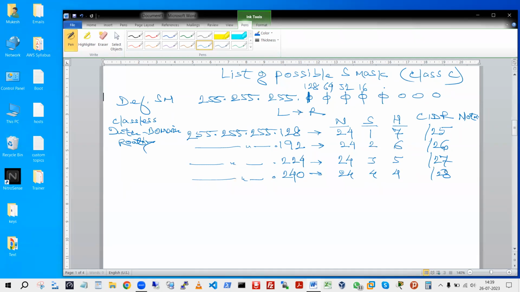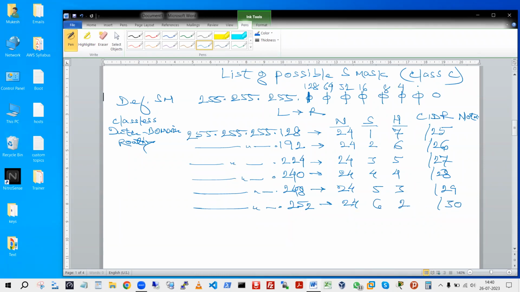One more bit, plus 8. Plus 8, meaning 248, meaning 24, 5, 3, /29. Follow the rule. One more bit, meaning plus 4. Plus 4, meaning 252. That is 24, 6, 2. That's /30.